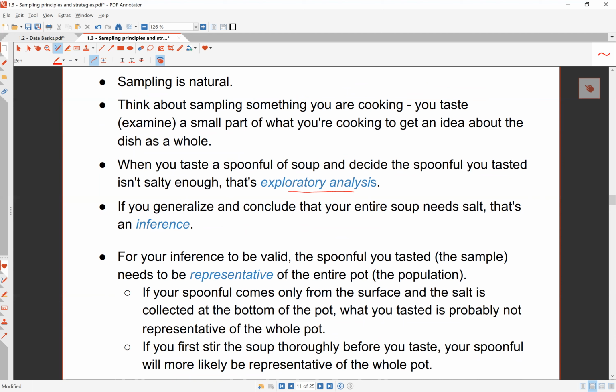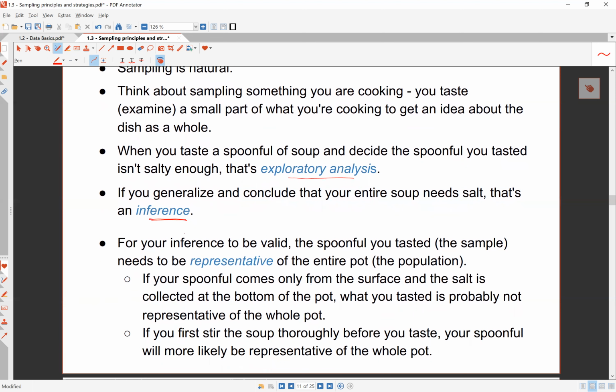This is where you just calculate summary statistics to understand what percentage of people have high school diplomas, what percentage of people are homeowners, what percentage of people regularly exercise, right? Summary measures, exploratory analysis. If we are trying to make a statement about the larger population, that gets into inference, and that's something we'll talk a lot about in the second half of June term. But either way, the most important thing is that the sample you take should be representative of the entire population.